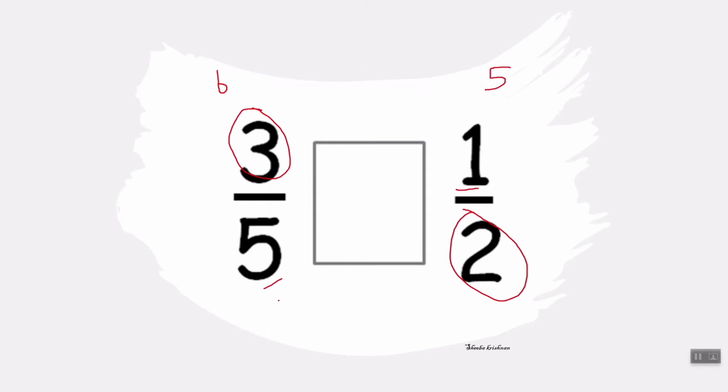Then we will multiply the denominators 5 times 2, that is 10. So here we got 6 by 10 and here it will be 5 by 10. So 6 by 10 is bigger than 5 by 10. So 3 by 5 is bigger than 1 by 2.